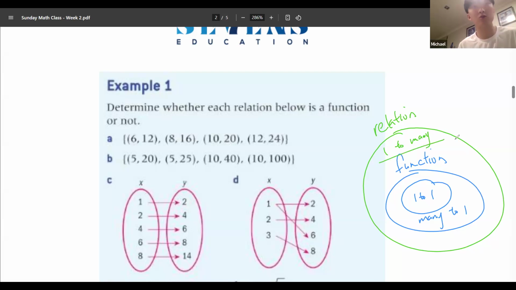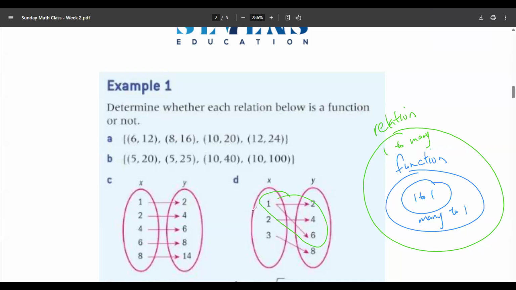So when you have one to many, this is not a function. By definition, this cannot be a function. And a classic example is here. You see it? One is being mapped to 2 and 6 simultaneously, right? So this cannot be a function.